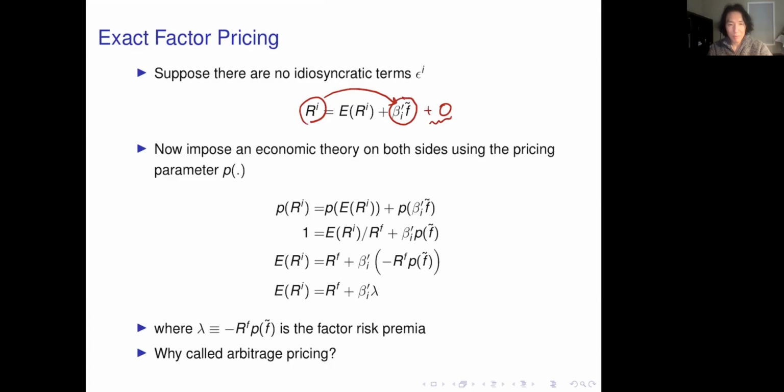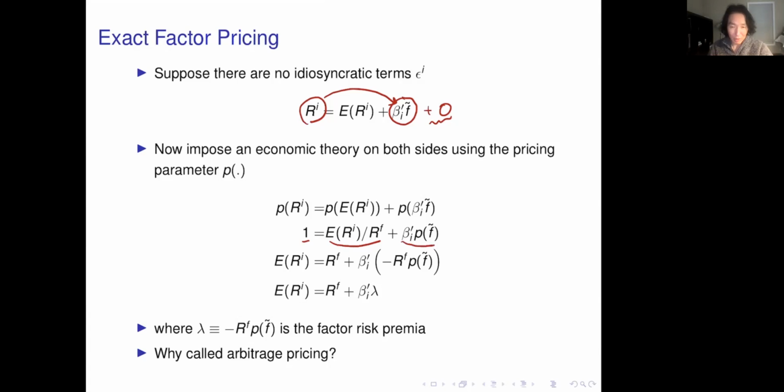Now, you put the pricing factor on both sides, then you get the price of the return is simply 1. And you can also show that the pricing of some constant is the constant divided by the risk-free rate, plus the pricing of the factors where the linear combination is taken.